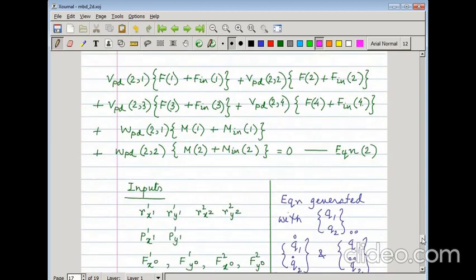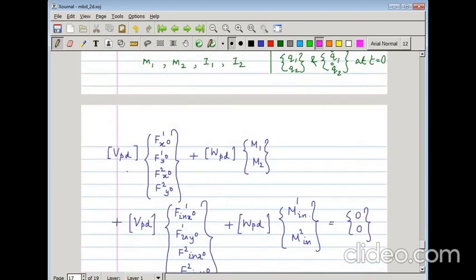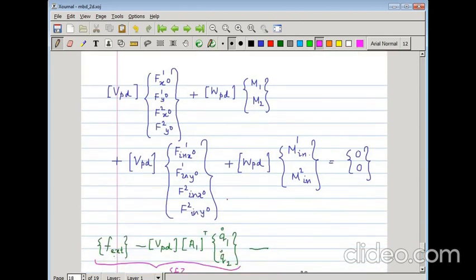And when you write it in matrix form, the inputs I have already discussed, this becomes VPD into all the external forces acting on the center of mass plus all the couple moments, WPD, that means partial linear velocity multiplied by all the forces acting at the center of mass, plus partial angular velocity in all the moments acting on the center of mass, plus partial velocity into the inertia forces plus partial angular velocity into the inertia moments equal to 0, 0.